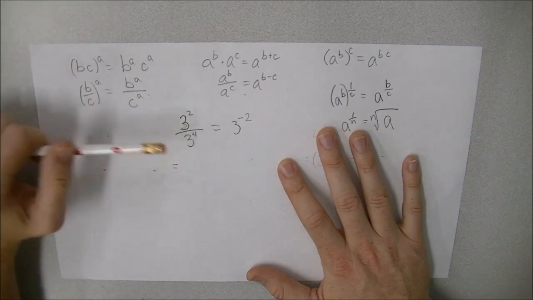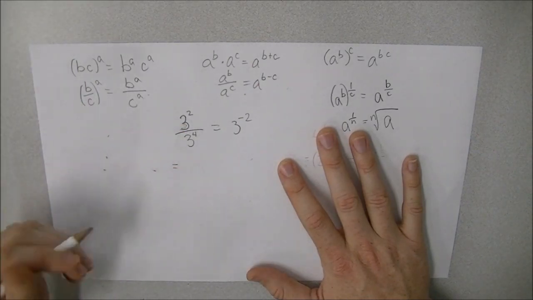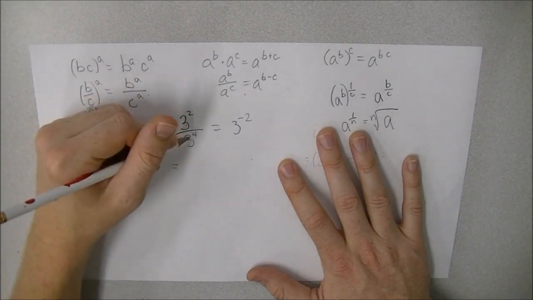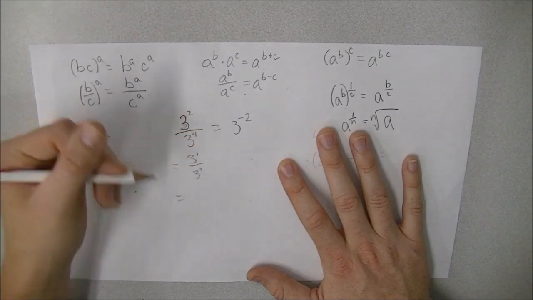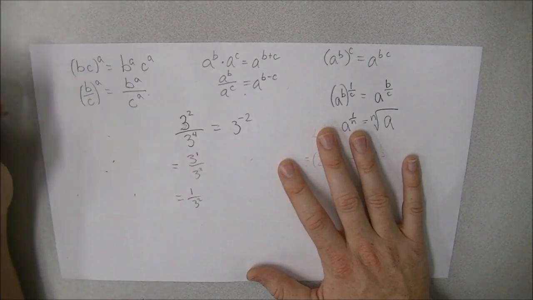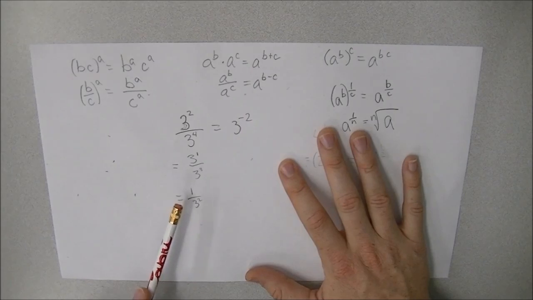Well, with 3 squared over 3 to the 4, we could do some cancellations. I could divide numerator and denominator by 3, which would get me 3 to the 1 over 3 to the 3, and then I could divide by 3 again to get 1 over 3 squared. So what I'm seeing now is 3 to the negative 2 is equal to 1 over 3 squared.